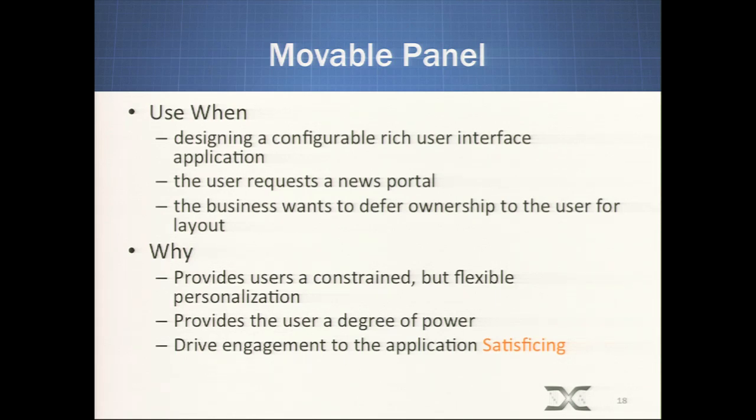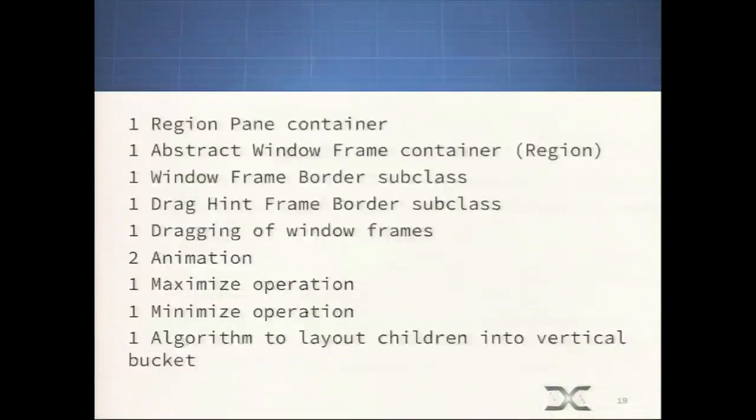So I'm going to drop straight to, there was one more slide there. This is why this is super tough, because it implements a region pane. It's a control, and there are 4 subclasses. There's an abstract window frame container.